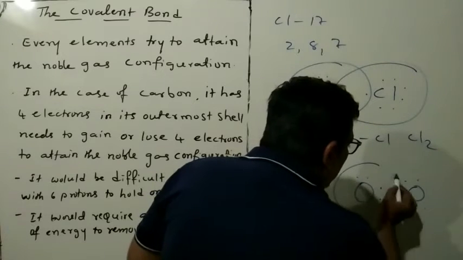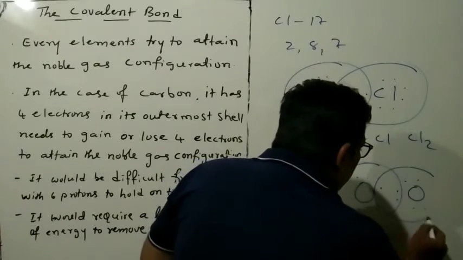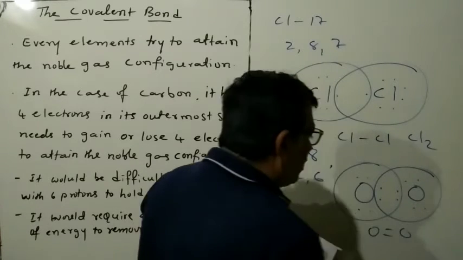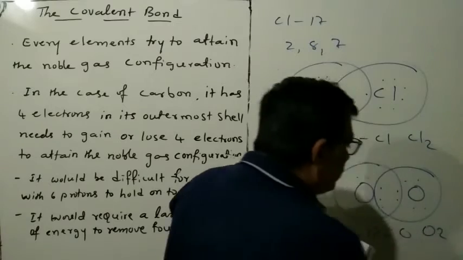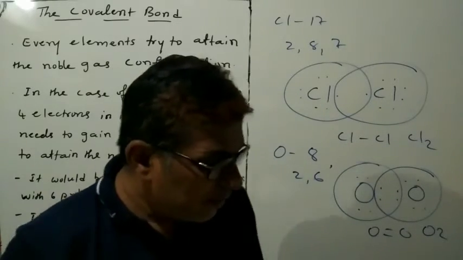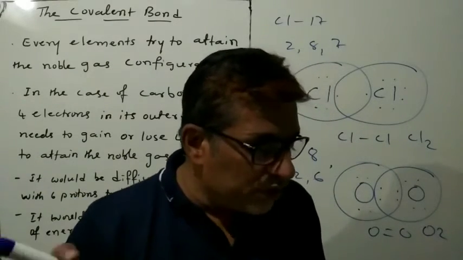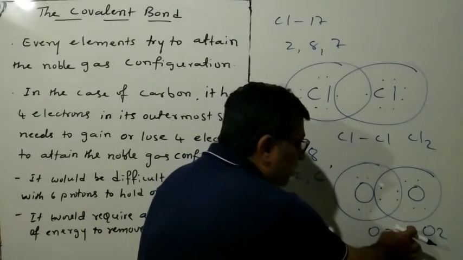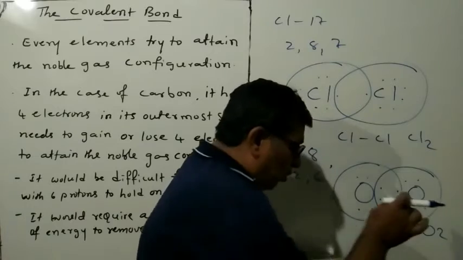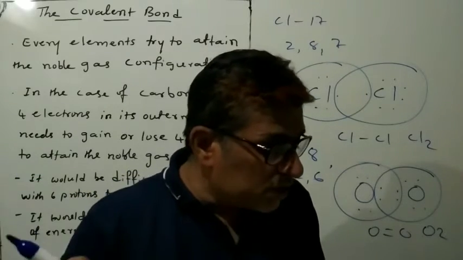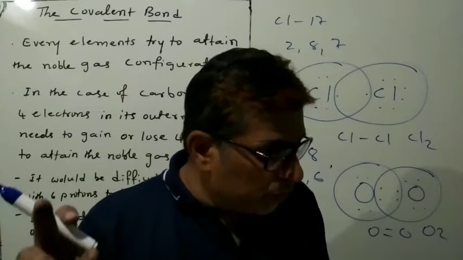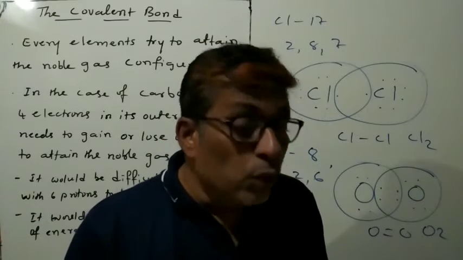So in this way and like this, here oxygen makes a double bond, O2. So in the case of oxygen, we see the formation of a double bond, here one bond and here one bond. So oxygen makes a double bond between the two atoms.